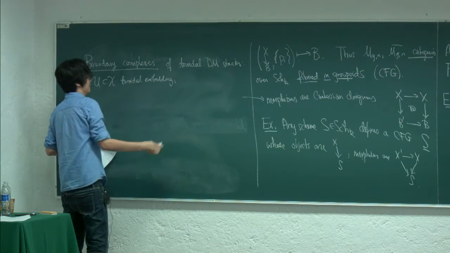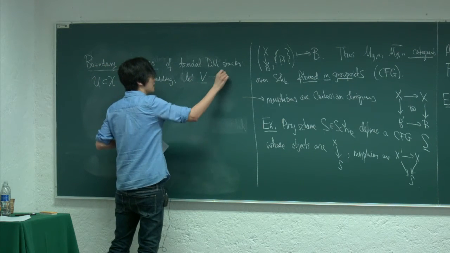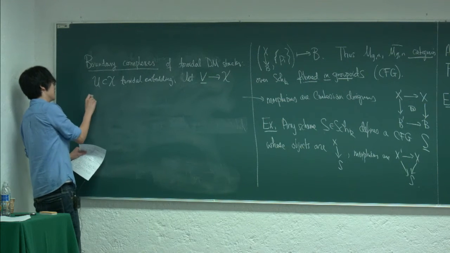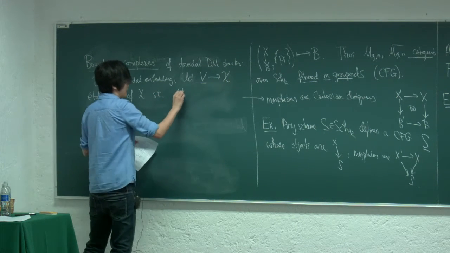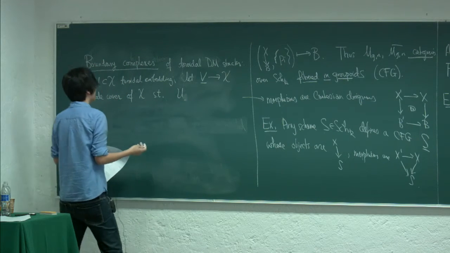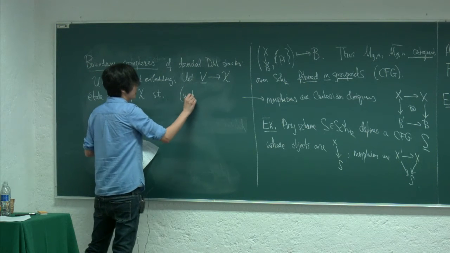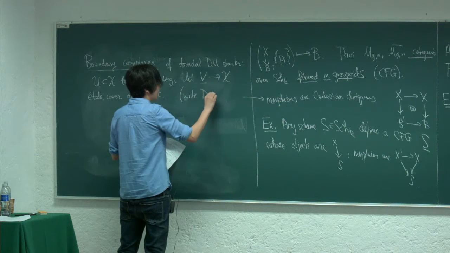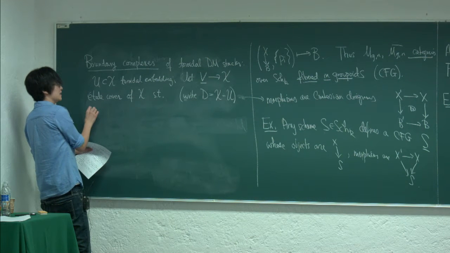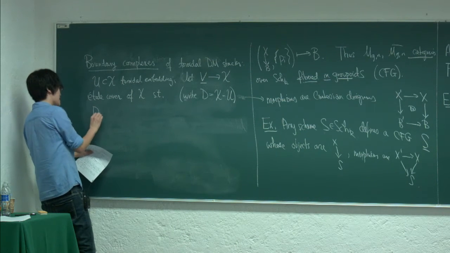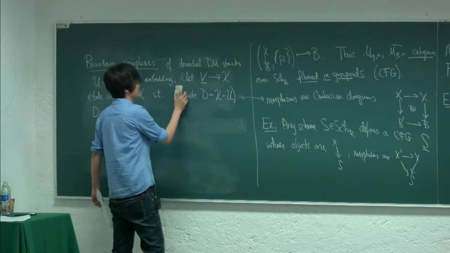To be consistent, let me write D for the complement of U. We take V to be an étale cover of X, an étale surjective morphism.